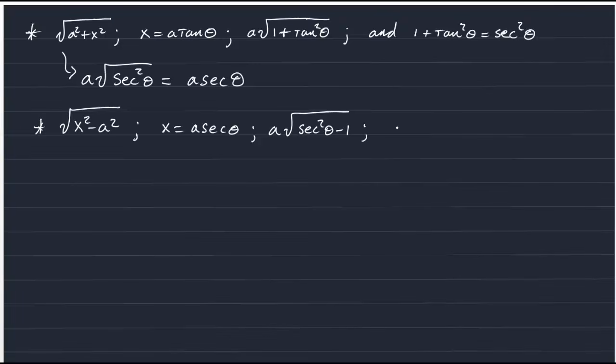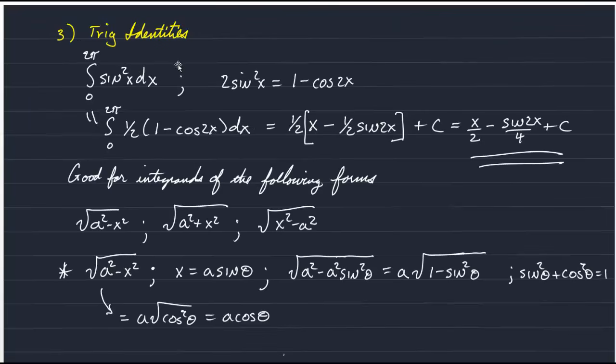And by this same trig identity, secant squared theta minus 1 is equal to tangent squared theta, and therefore our integral becomes a tangent theta. Okay, so that was some examples of how to apply trigonometric identities to solving integrals of more complicated forms.